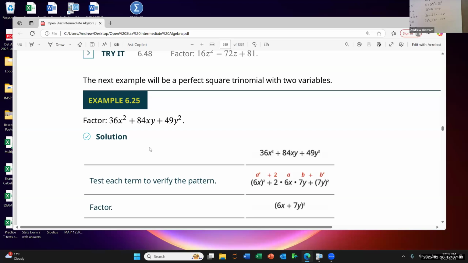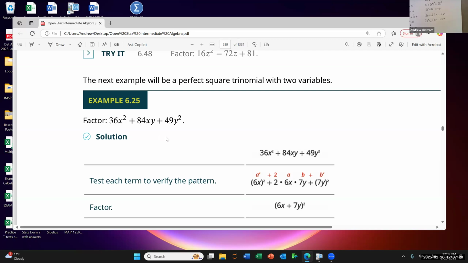Here again, same thing. If you recognize this as a special formula, you can plug in the answers and be done with it. If you don't know the special formula or don't recognize that as part of the special formula, plug in A equals 36, B equals 84, C equals 49.